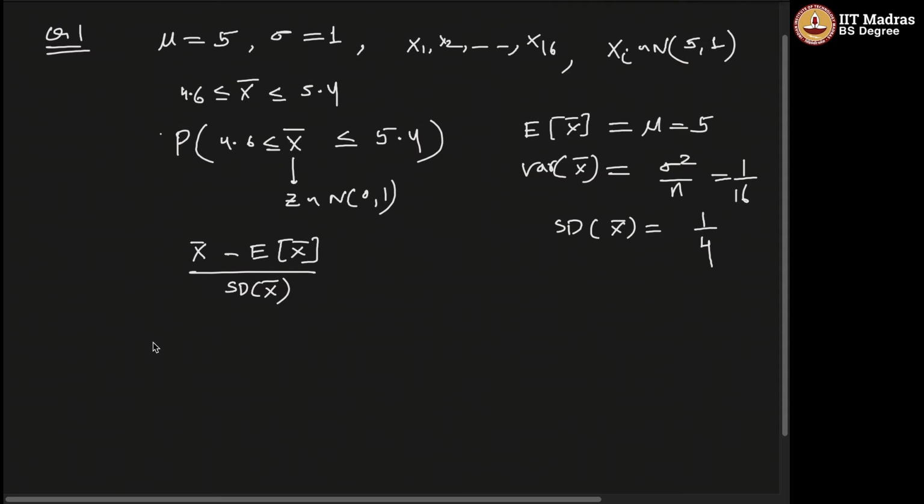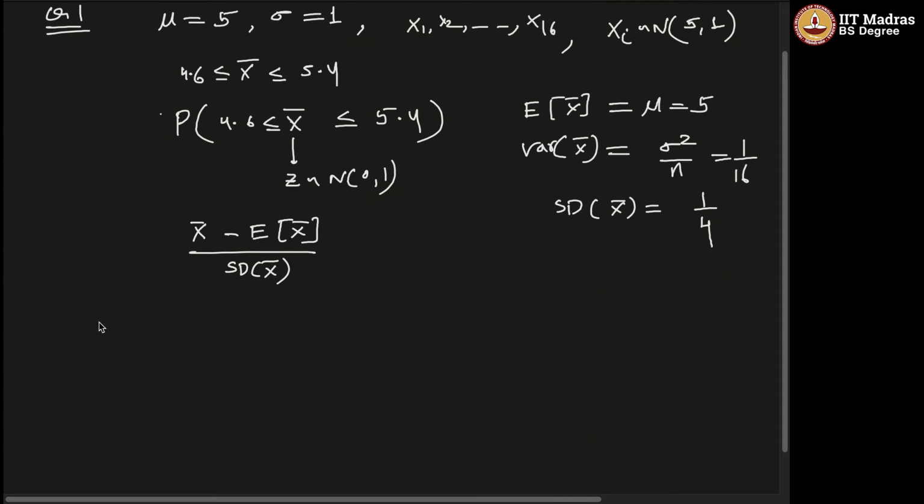Now we will standardize this. We have this given expression, x bar less or equal 5.4 and greater or equal 4.6. The first step is to subtract the expectation of x bar, which is 5. This subtraction will happen on both sides, because our inequality expression should be balanced. So it is 5.4 minus 5.